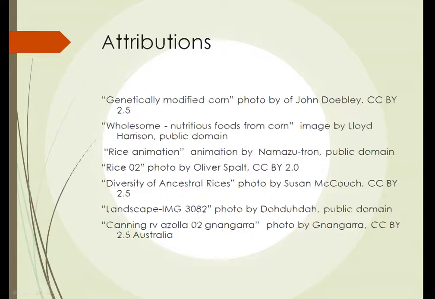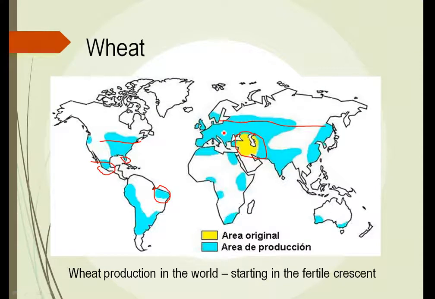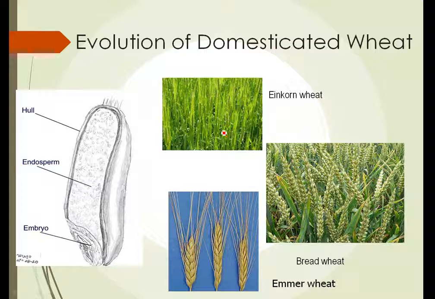It's the northern US and Canada, across northern Europe and Asia. The wheat that we grow today is commonly referred to as domesticated wheat.